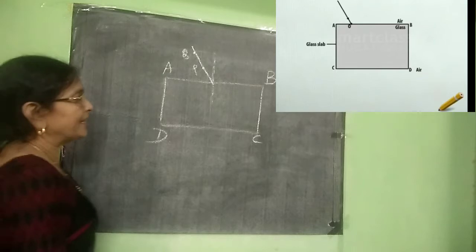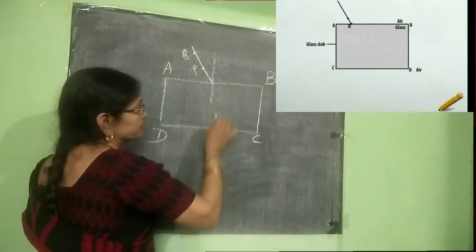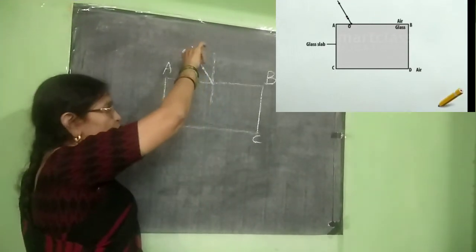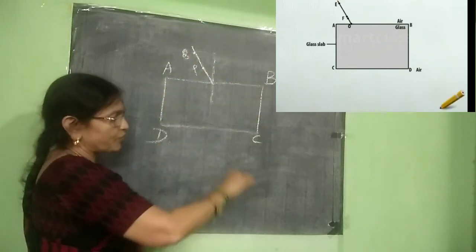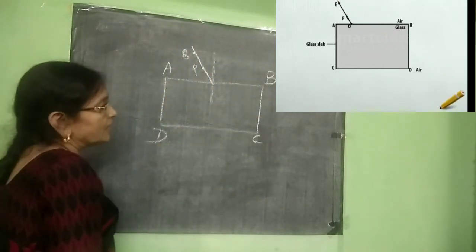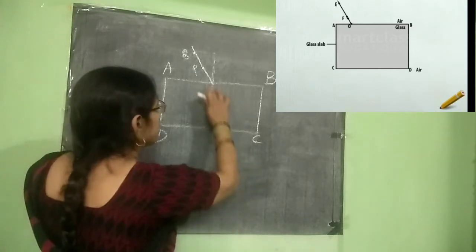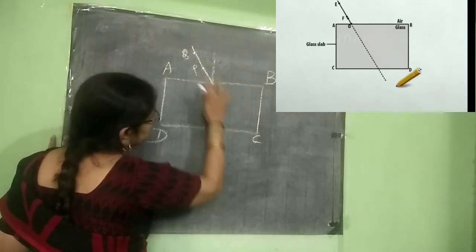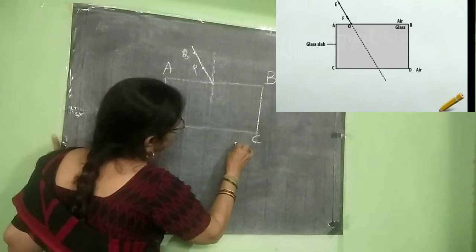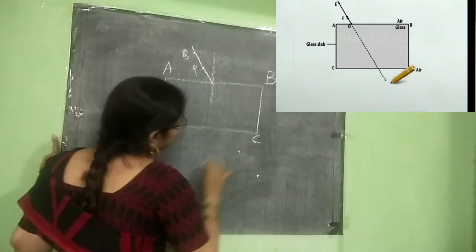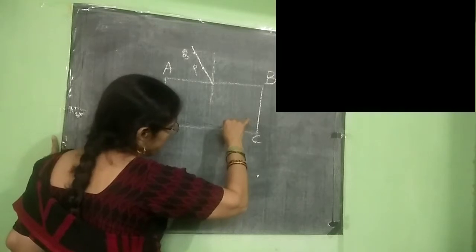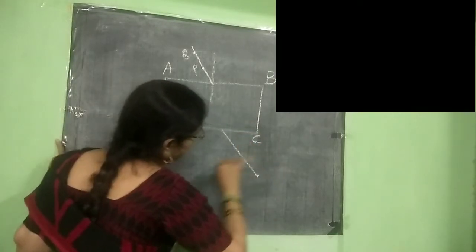Now place the glass slab, and viewing through these two pins, place two more pins on the other side, seeing the base of these pins through the slab, and extend the line from here.